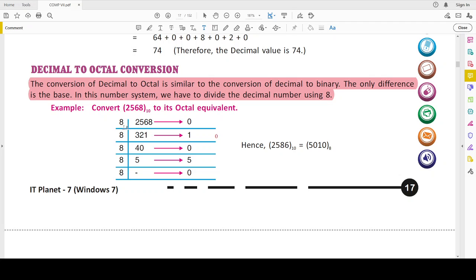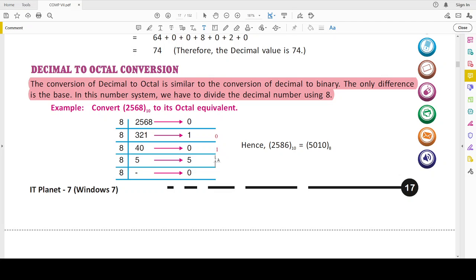After dividing 2568 by 8, you get the quotient 321 and remainder is 0. Again, after dividing 321 by 8, you get a quotient 40 and the remainder is 1. Remainder here is 1. You divide 40 by 8, you get quotient 5.